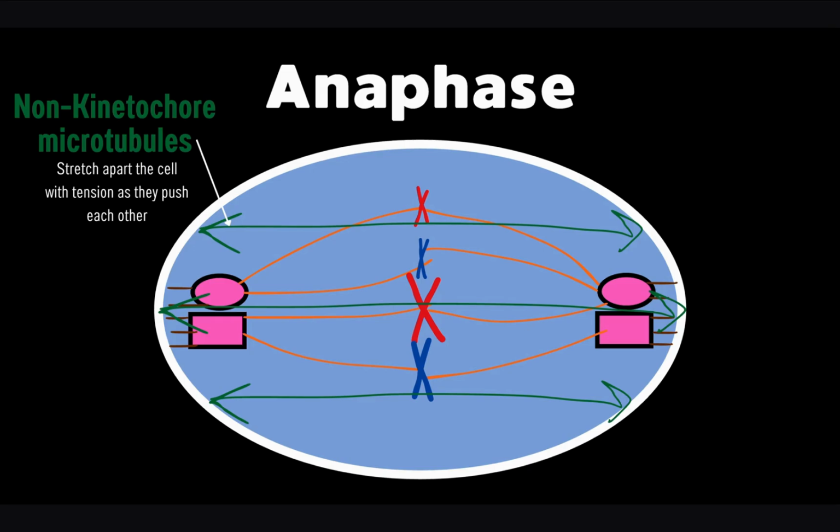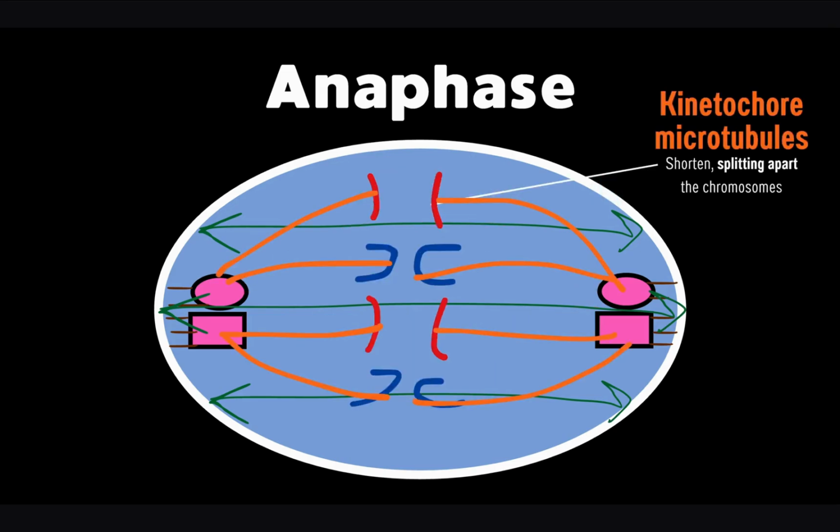And then in anaphase, which is a very short phase, the non-kinetochore microtubules are going to stretch apart the cell as they push into each other. So that is basically stretching out the cell like this and creating lots of tension. On the other hand, the kinetochore microtubules, they're going to shorten, which is going to split apart the chromosomes into their own sister pieces.